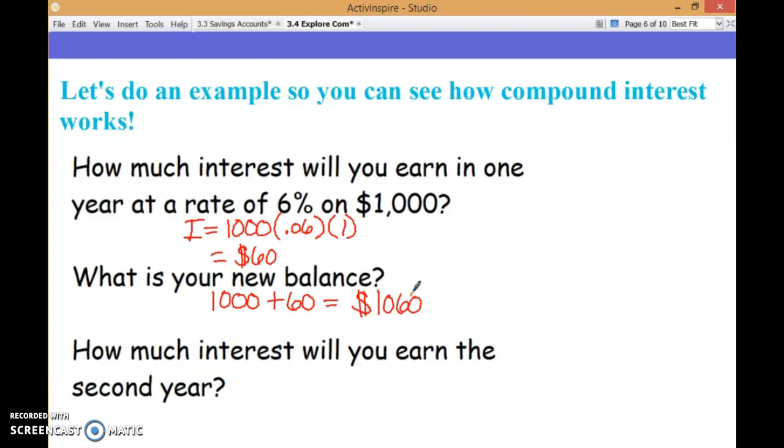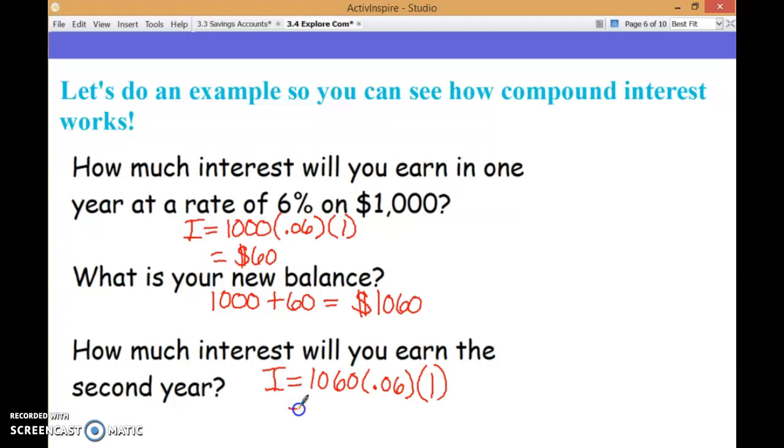So again, I'm still going to use my simple interest formula, and the only thing that's going to change is my principal. So my principal now is 1,060. My rate is still 6%. And I just want to find it for another year. I've already done it for 1 year. This is for the second year. I don't plug in 2 for t. I'm just going to plug in 1. So I'm doing 1 more year than what I've already done.